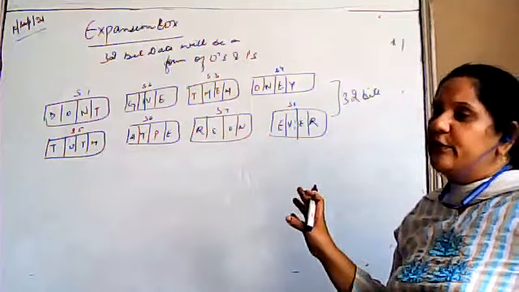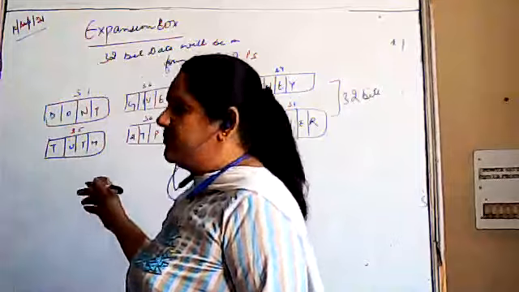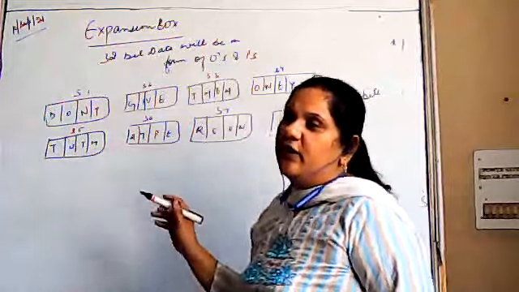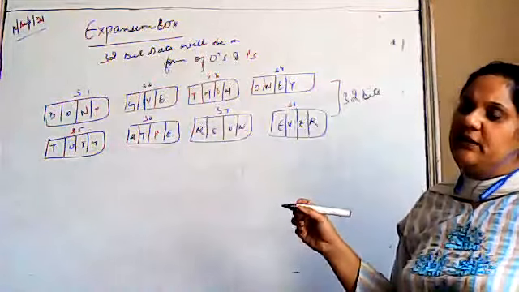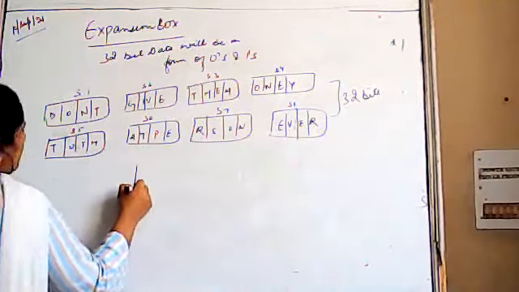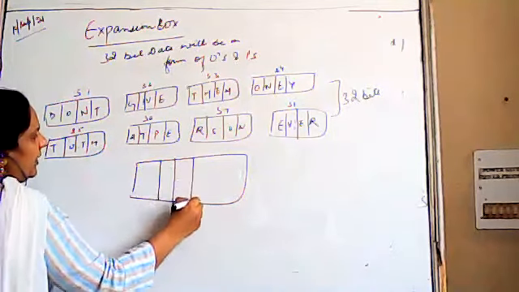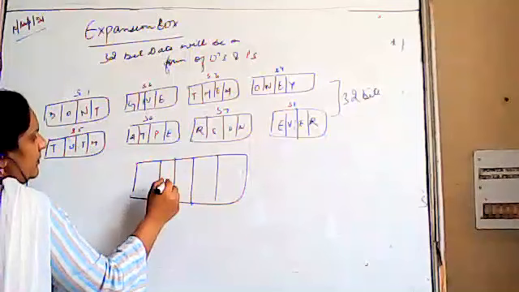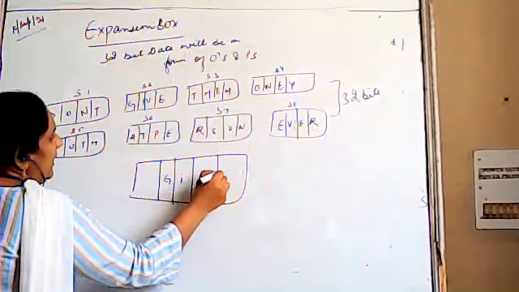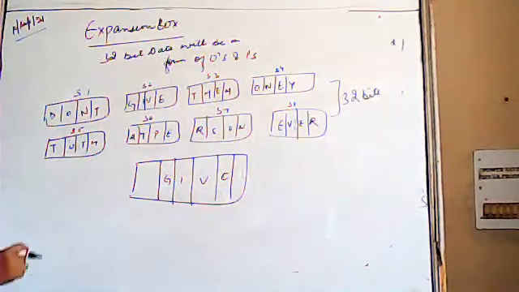Now, how will this individual box be converted to 6 bits each? Because it has 4 bits, and we have to convert it to 6 bits in order to get a total of 48 bits. Let's take the example of S2: G, I, V, E. Write GIVE as it is.